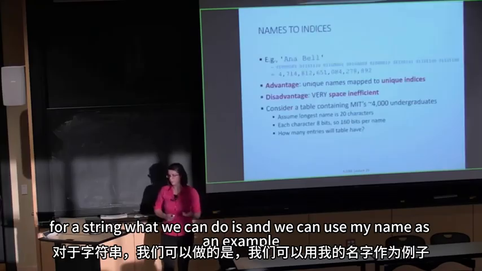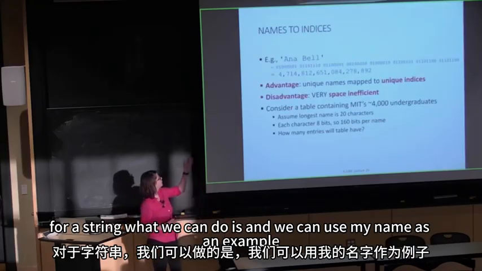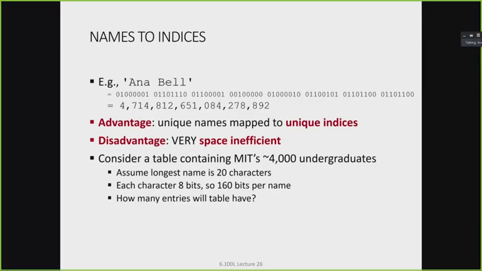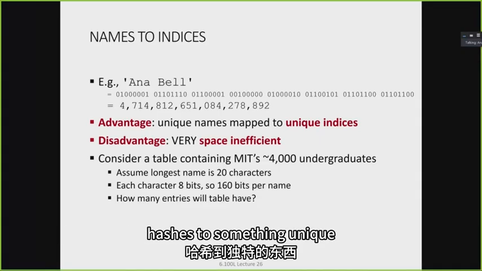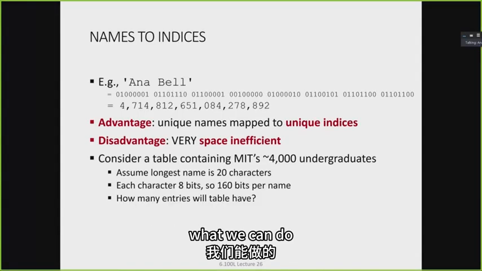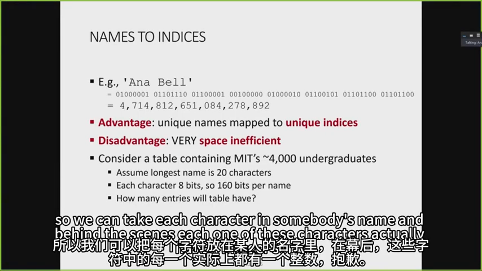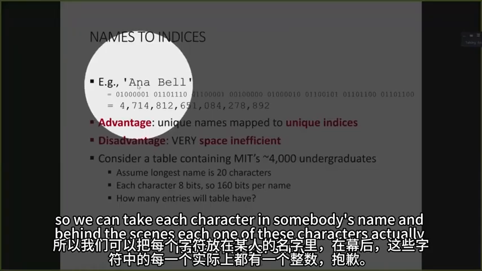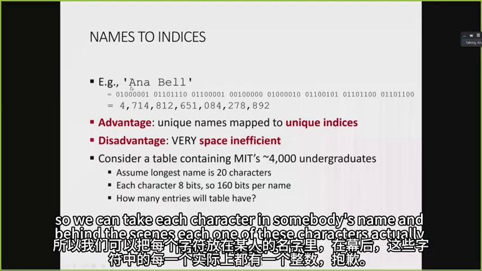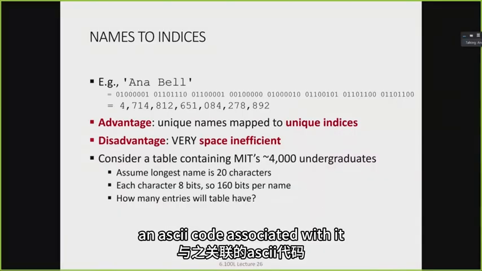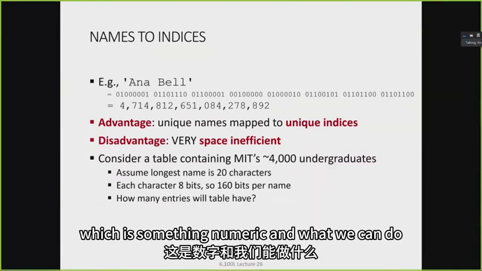So for a string, we can use my name as an example. If we want to hash my name such that every single name hashes to something unique, what we can do is the following. We can take each character in somebody's name, and behind the scenes, each one of these characters actually has an ASCII code associated with it, which is something numeric.